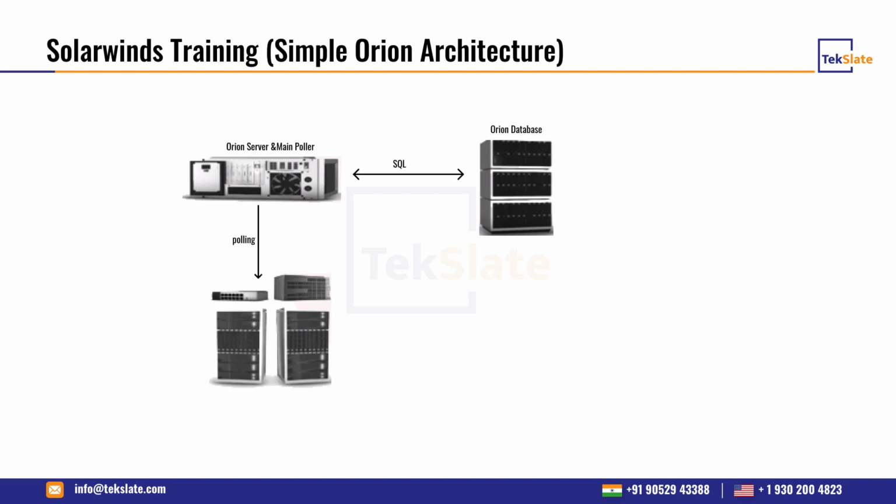In the simple architecture, everything is taken care of by the Orion server, whether it is the web server, the user interface, what the user sees, the dashboard or the console, or the polling part, how the availability and performance data is polled from the network or the infrastructure elements.